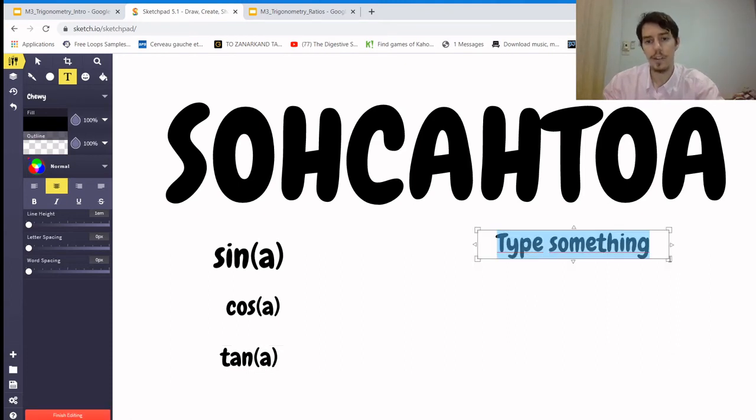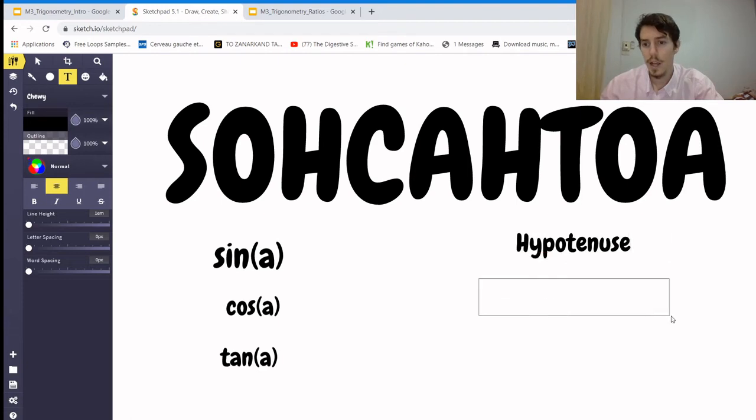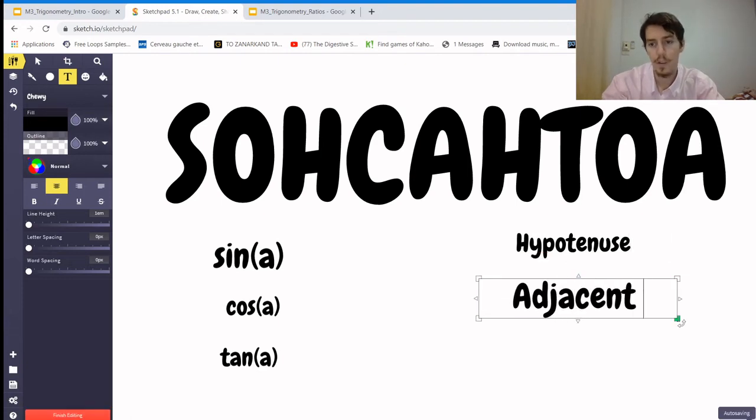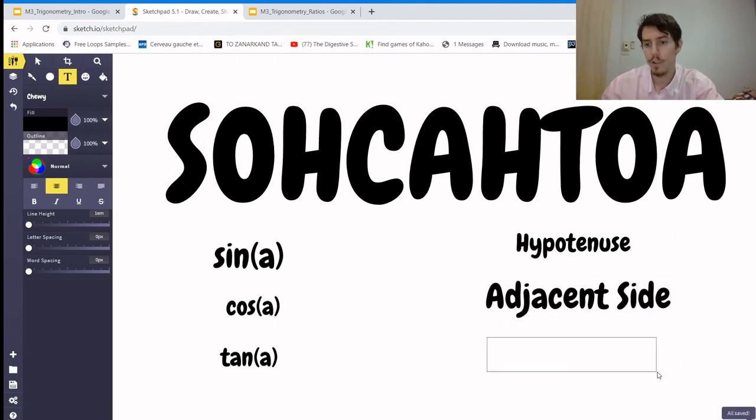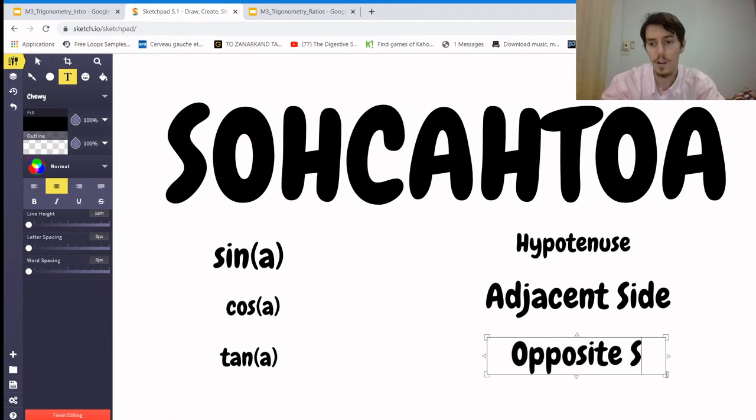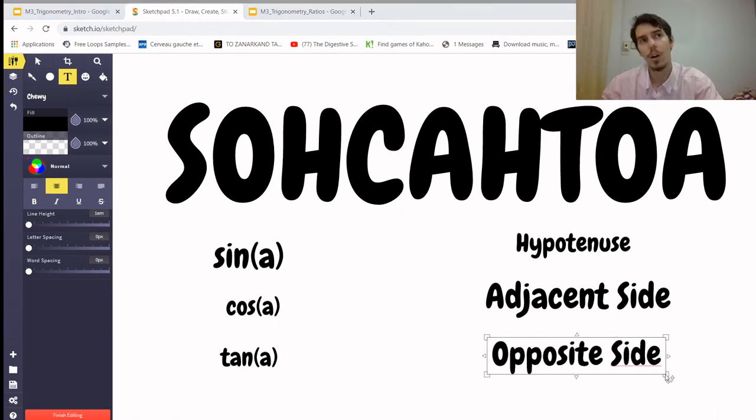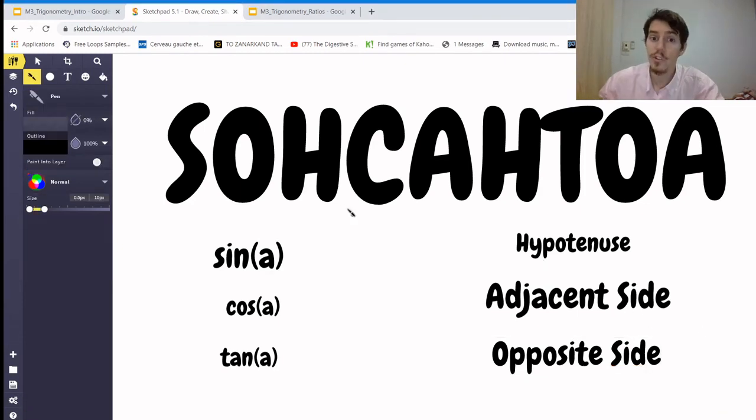The three sides are hypotenuse, adjacent side, and opposite side. That's what we need to remember. And now I'm sure you're all super smart students and you notice that the letters of SOHCAHTOA are the first letters of the ratios and the sides, right? And that's how we use SOHCAHTOA.